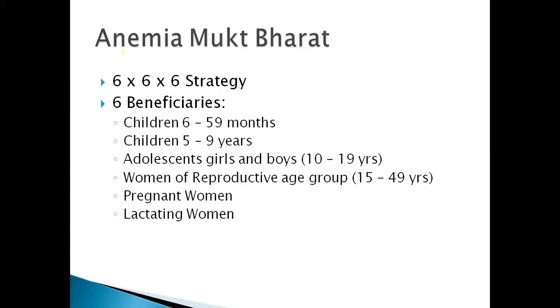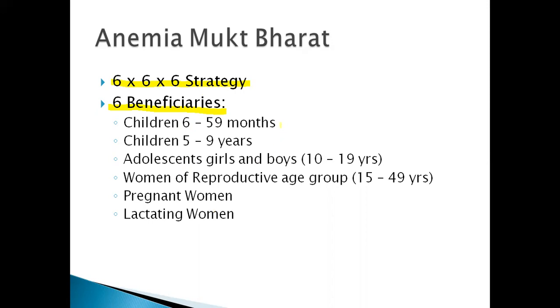So coming back to the Anemia Mukt Bharat, we have a 6 into 6 into 6 strategy. What are these 6 by 6 by 6? We will see them one by one. The first 6 stands for 6 beneficiaries. These are the 6 categories of beneficiaries, and I'm sure you know all of them.